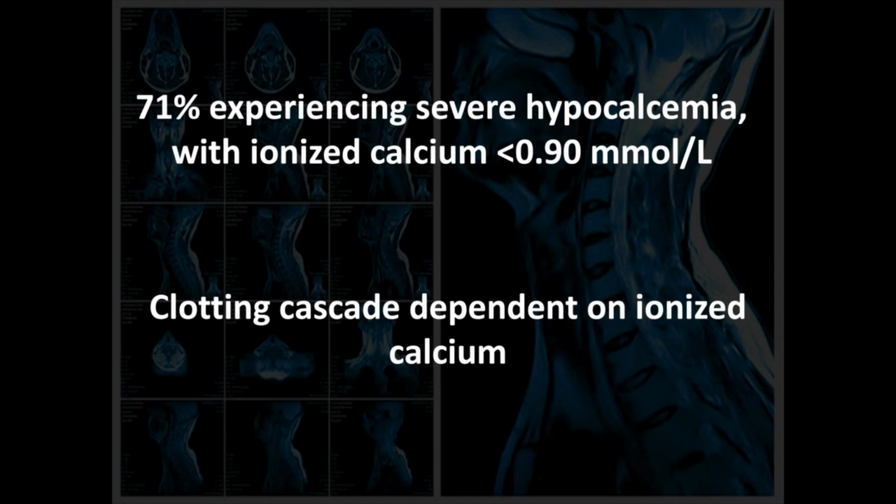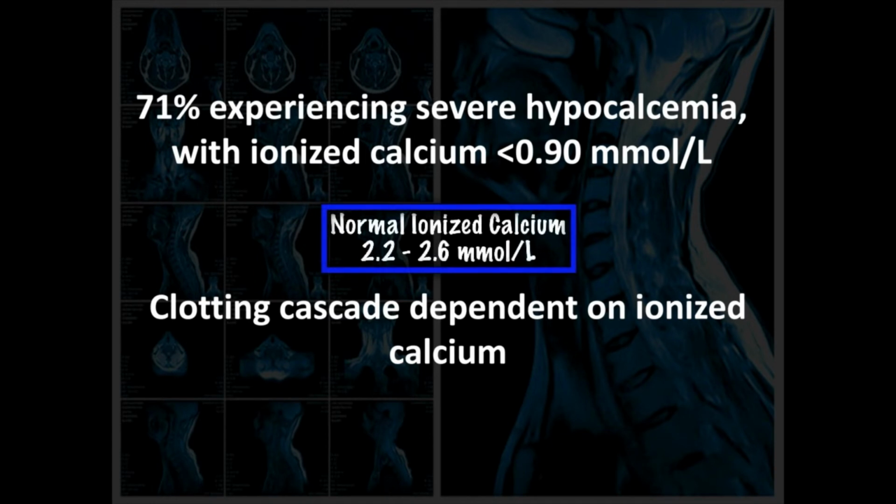We need to see a randomized controlled trial that is focused on this topic. Of those 97%, 71% experienced severe hypocalcemia with ionized calcium of 0.90 millimoles per liter. Remember, a normal calcium measured in millimoles per liter is 2.2 to 2.6.